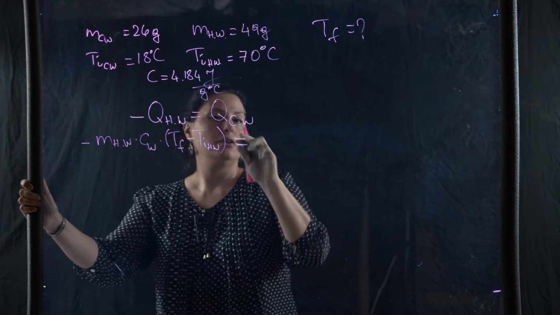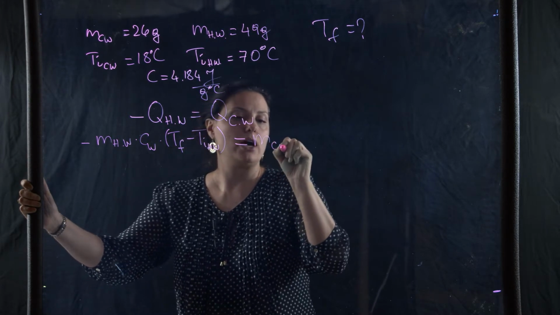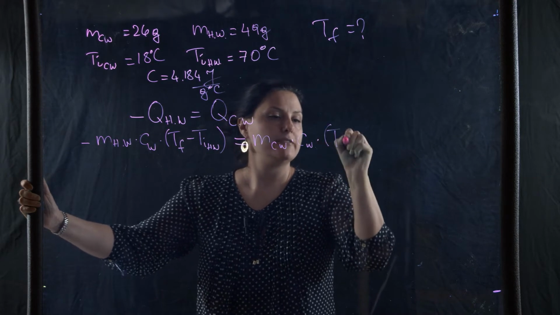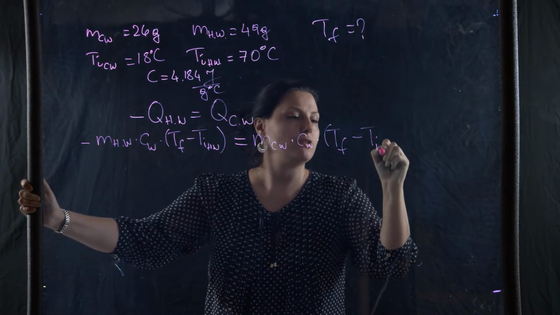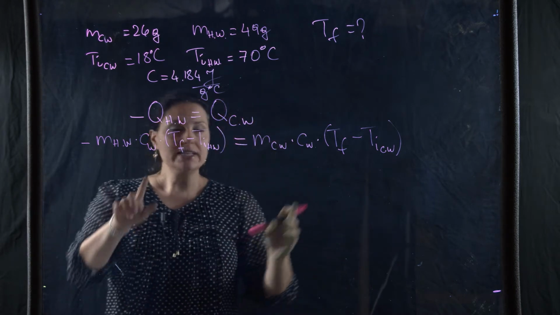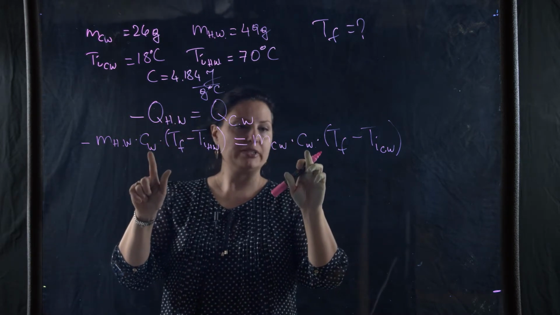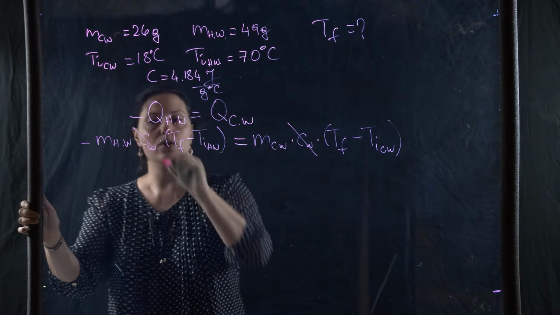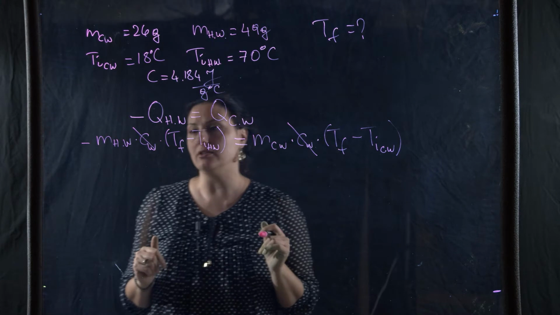Now over here, mass of cold water times C for water times T final minus T initial for cold water. If you notice, I've got the specific heat on both sides, so I can actually cancel that out. I can drop that. It will make my math a little bit easier.